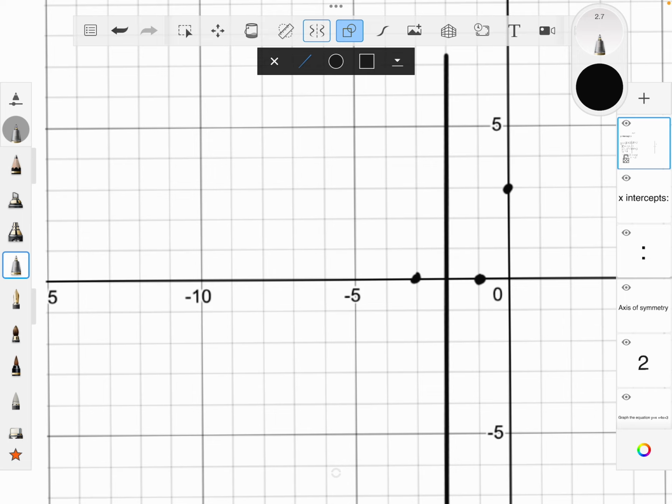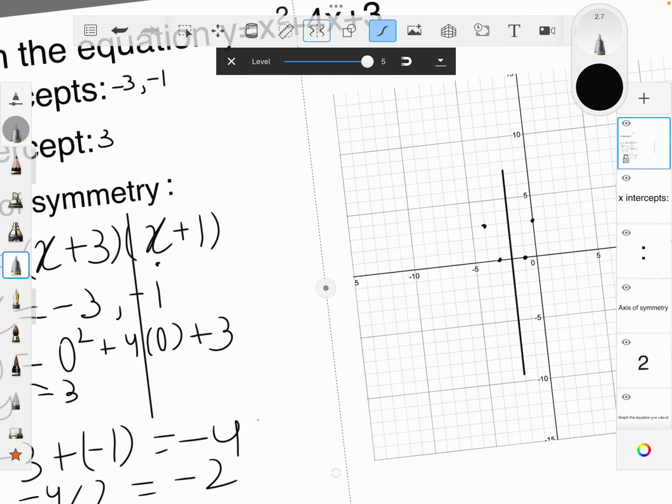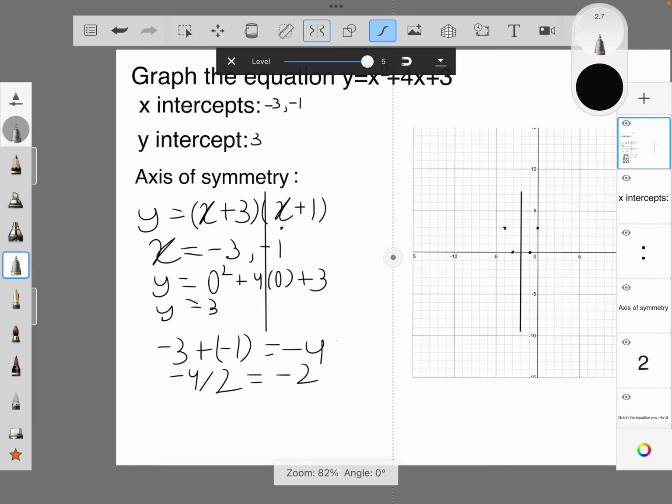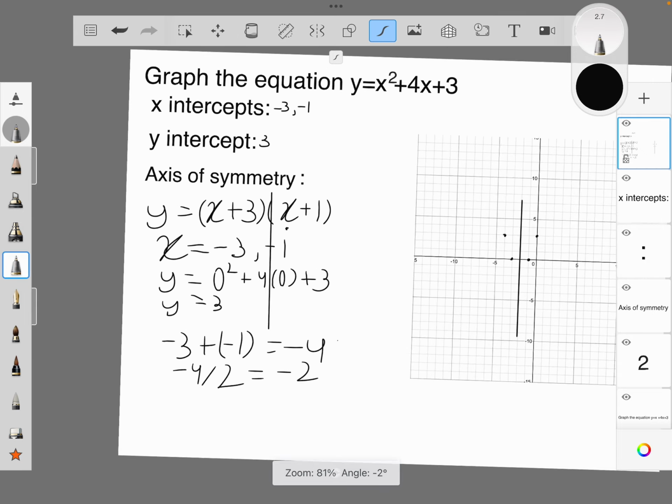So, since we know that this is the y-intercept, we can now flip that over to this side, and that's going to be another point in our parabola. So now all we have to do is just find the vertex. Okay, just forget about that line.